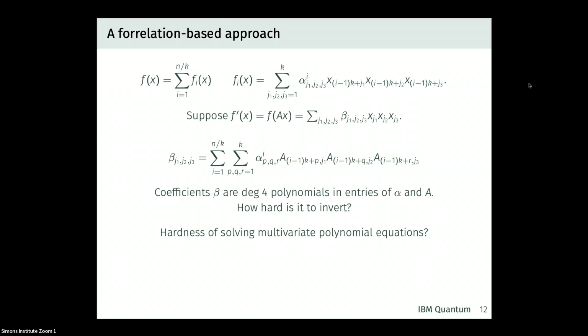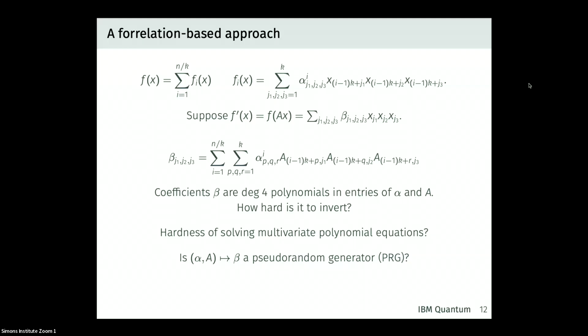But of course, we don't know if it's classically hard for this specific case, with this specific form of degree 4 polynomials. Another perspective you can take is to view this transformation as a pseudo-random generator. It's taking the input coefficients alpha and this matrix A, and giving you this list of beta coefficients.